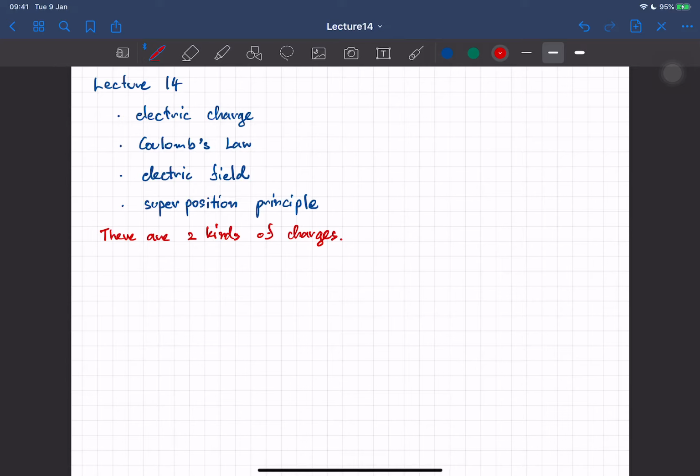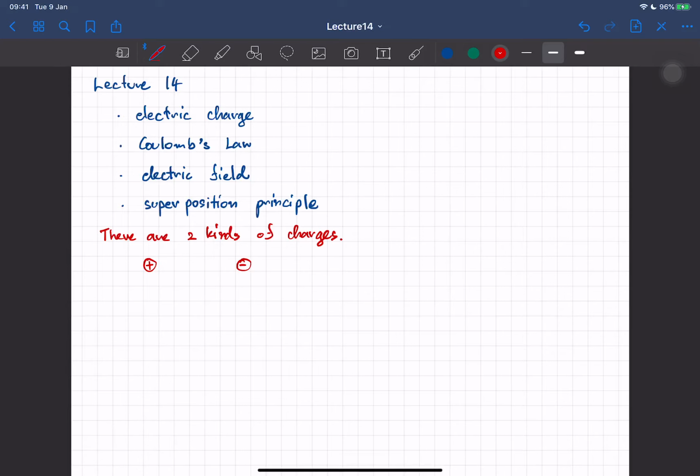And these two kinds, nowadays we call positive and negative kind of charge. So we can maybe draw something like this, positive or negative. But you don't really need to name it positive or negative. You can flip the naming around.